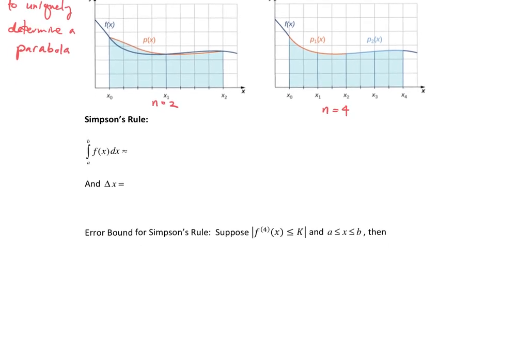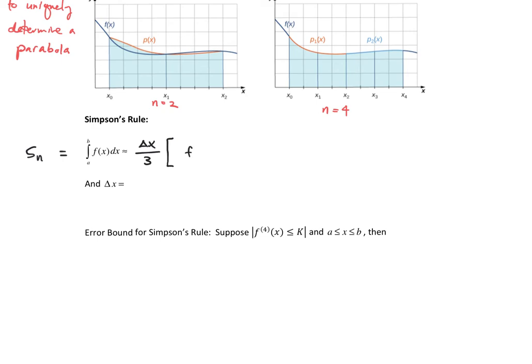I'm going to remind you that Sn is how we label our approximation for Simpson's rule. We're going to have the width of each subinterval, delta x, but this time we're going to divide it by 3. And we're going to multiply by, let me write down the function values first, and then I'll write the coefficients next.